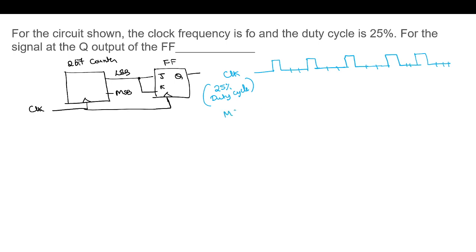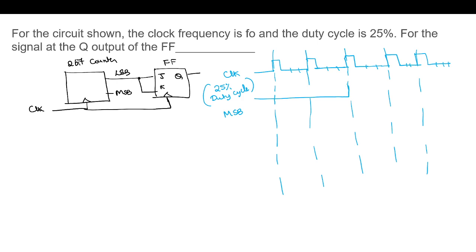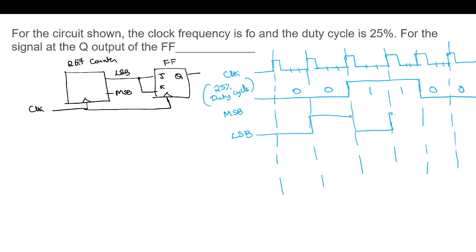Then next, the MSB will vary at the positive edge of the clock. So it will be 0 0 1 1 0 0. If you have another clock edge, it will be 0 0 1 1 0 0. And next the LSB. It will be 0 1 0 1 0 1 0 1. Next is the Q plus.